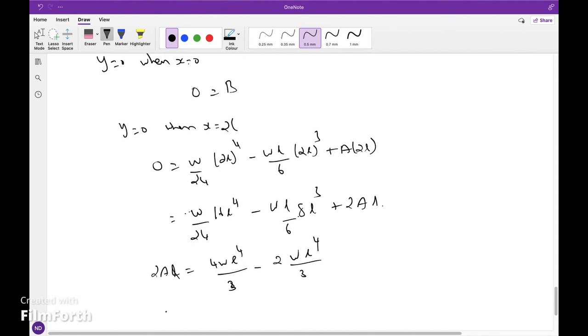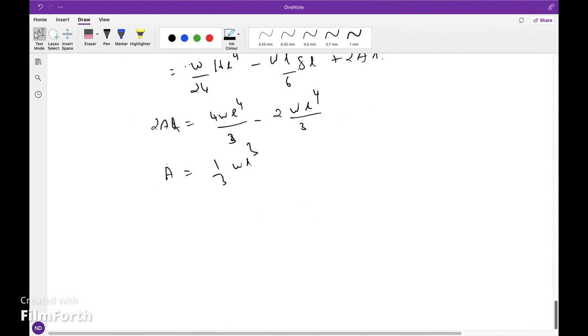That is equal to 1 by 3 omega L cube. So B is equal to 0 and A is equal to 1 by 3 omega L cube.